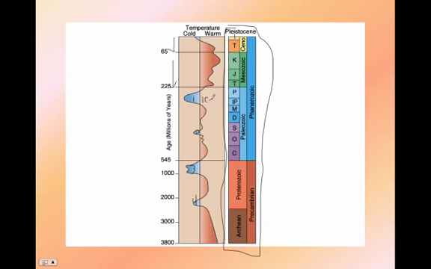And during those times of the ice age, that's when the Earth was covered significantly in glaciers. And so as you can see here, there is a possibility of another ice age forming.